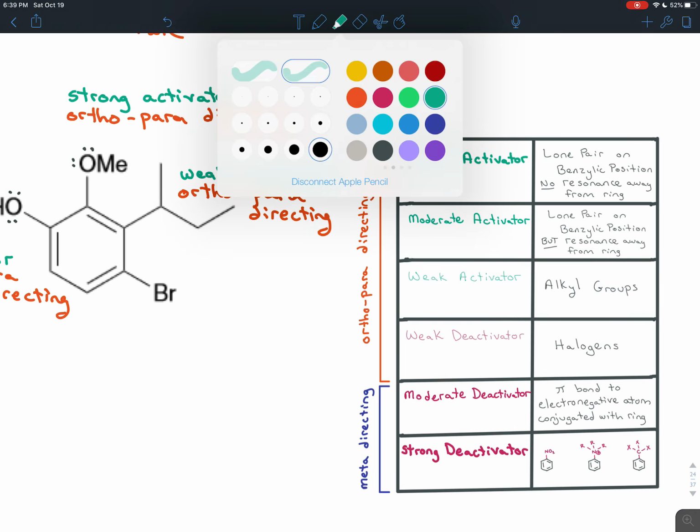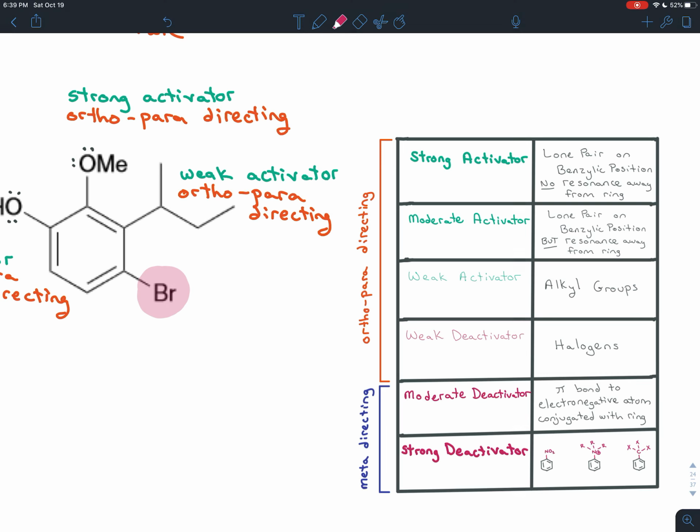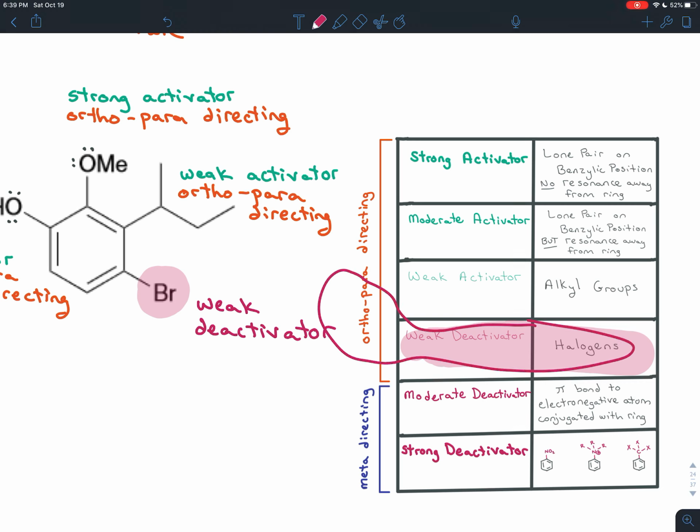Finally, we have a halogen. Halogens are weak deactivators. And the halogens are also ortho-para directing.